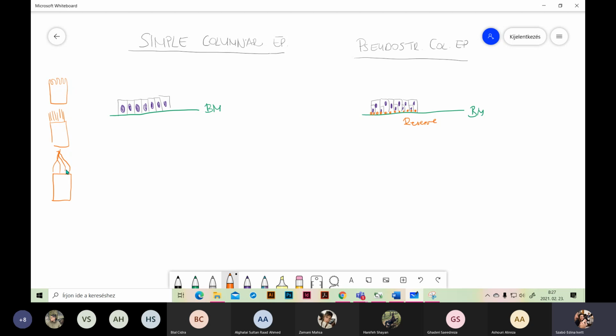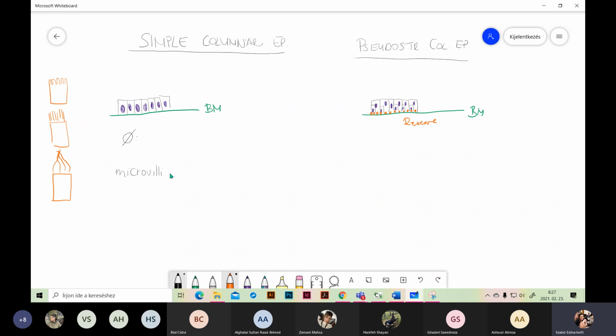Okay, and now we have to see the options of simple columnar epithelia and pseudostratified columnar epithelia if we see the surface modifications. We can have simple columnar epithelia without any surface modification, and we have simple columnar epithelia with microvilli.